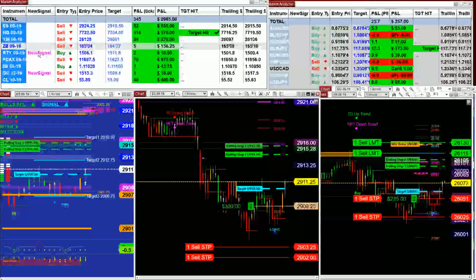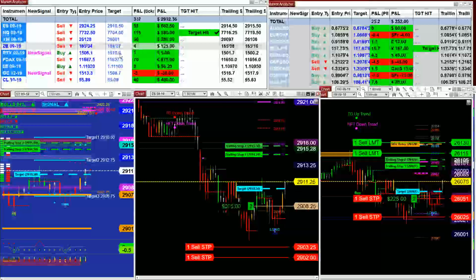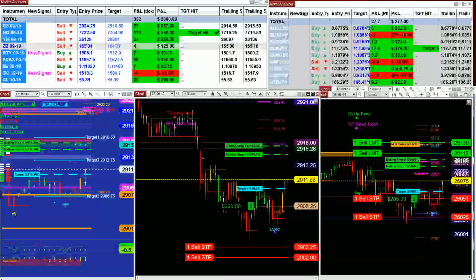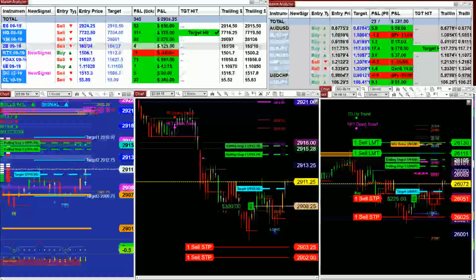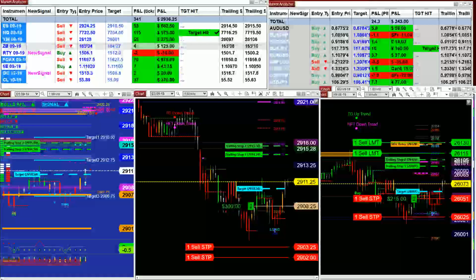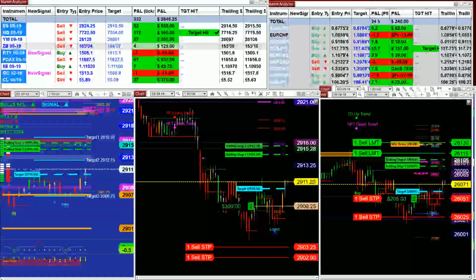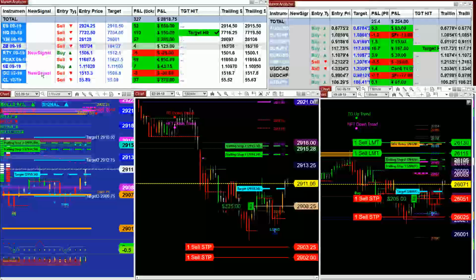Okay, there we go. We have a Russell buy signal at 1506.1, and 1512 is the target. This is a buy entry on the Russell. And then we have, I lost track. Oh, yes, the gold.